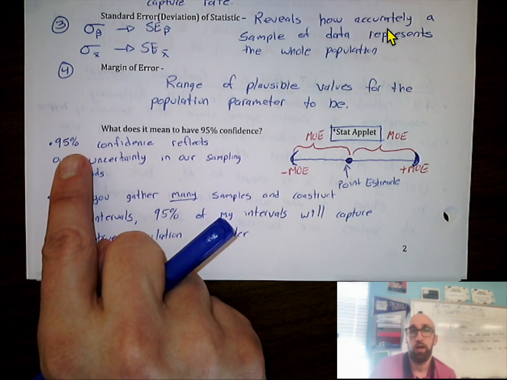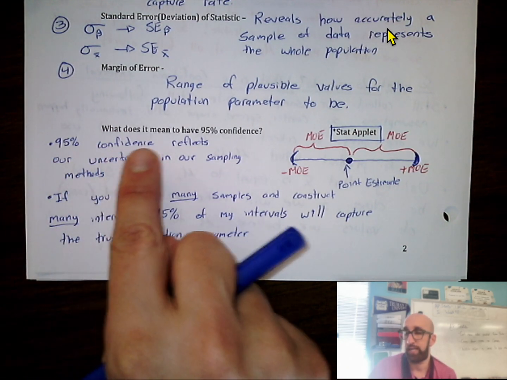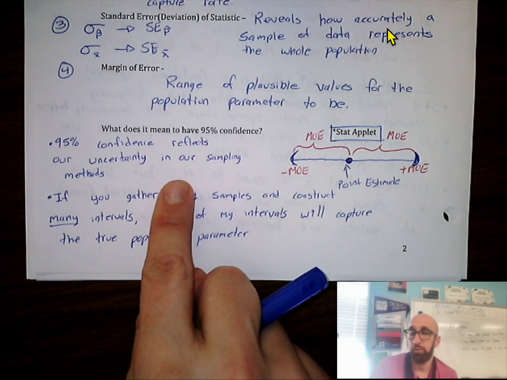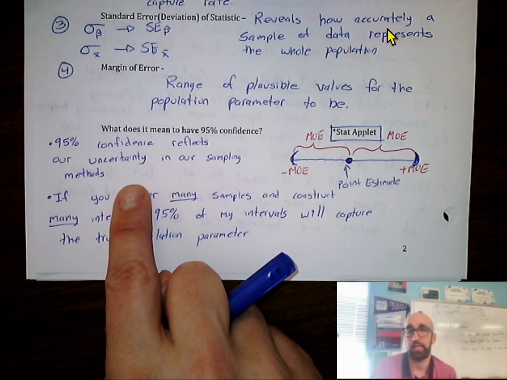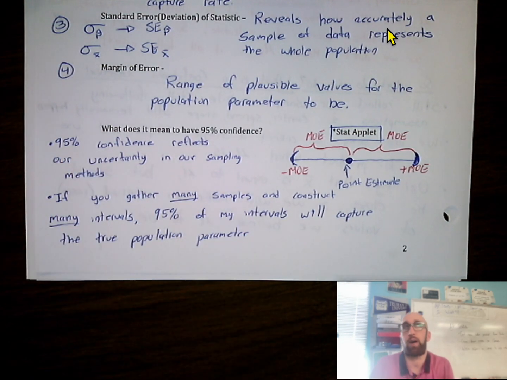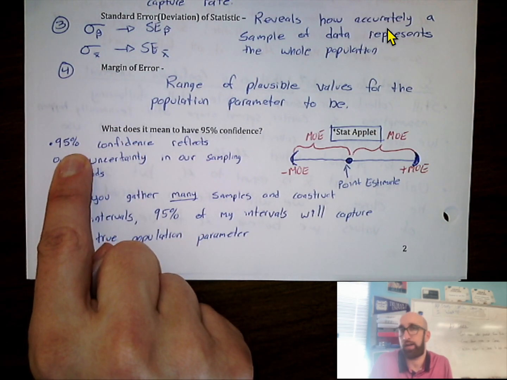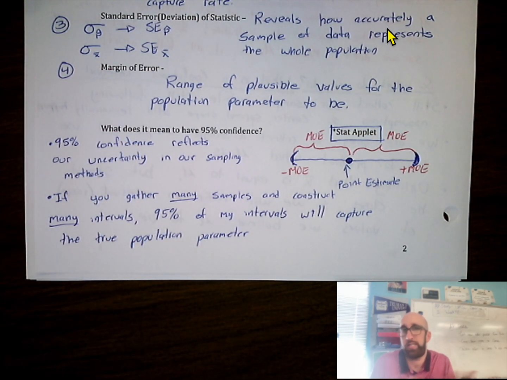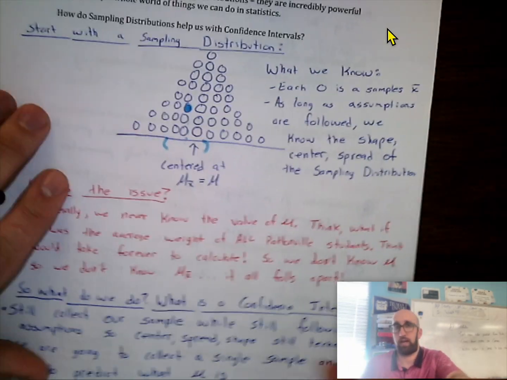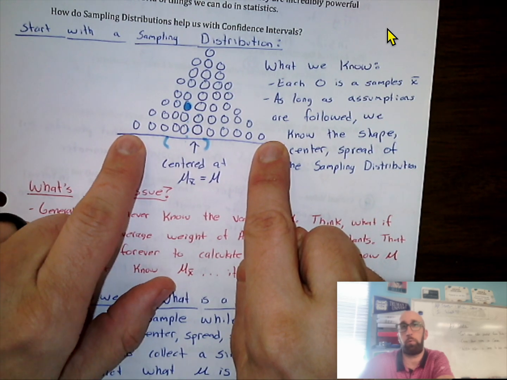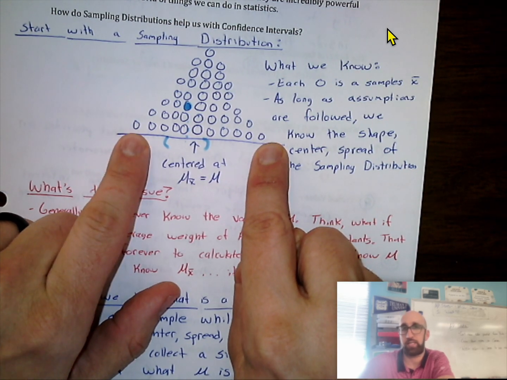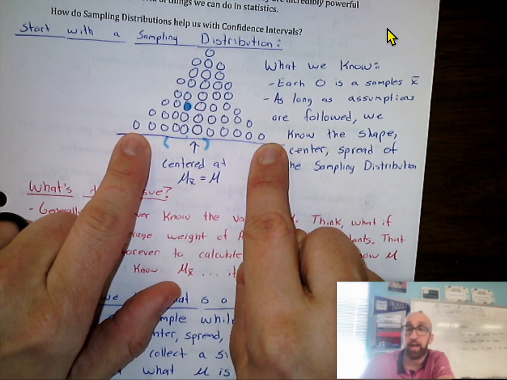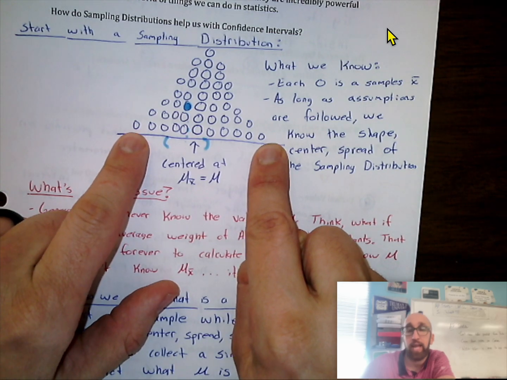When we say we have 95% confidence, it reflects our uncertainty in our sampling method. If I'm 95% confident, that's great, but I'm not 100% confident, so I do have some uncertainty. What if I got one of those super rare samples that's all the way on the ends? Not going to happen often, but it can happen.